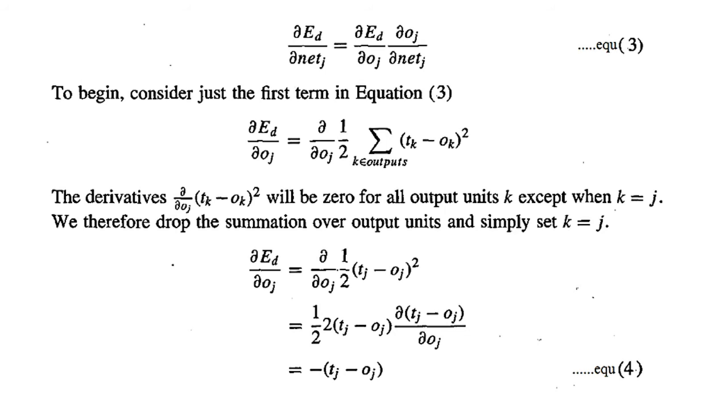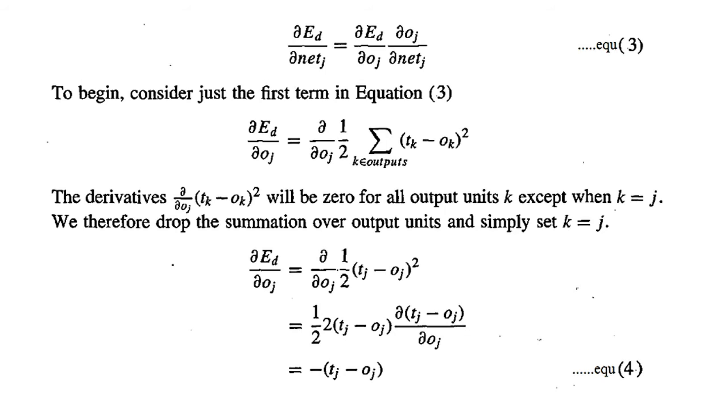This we need to differentiate with respect to o_j. The derivative of (t_k minus o_k) squared with respect to o_j will be 0 for all output units k except when k is equal to j.